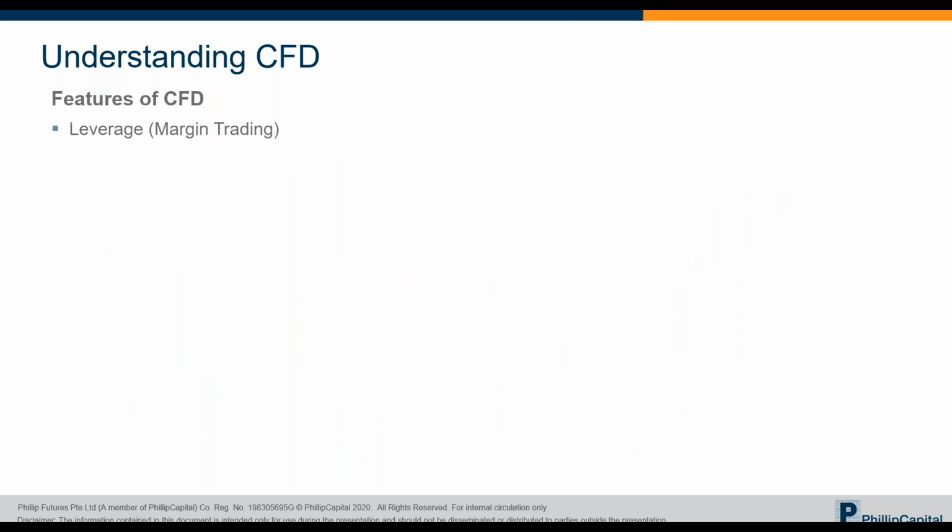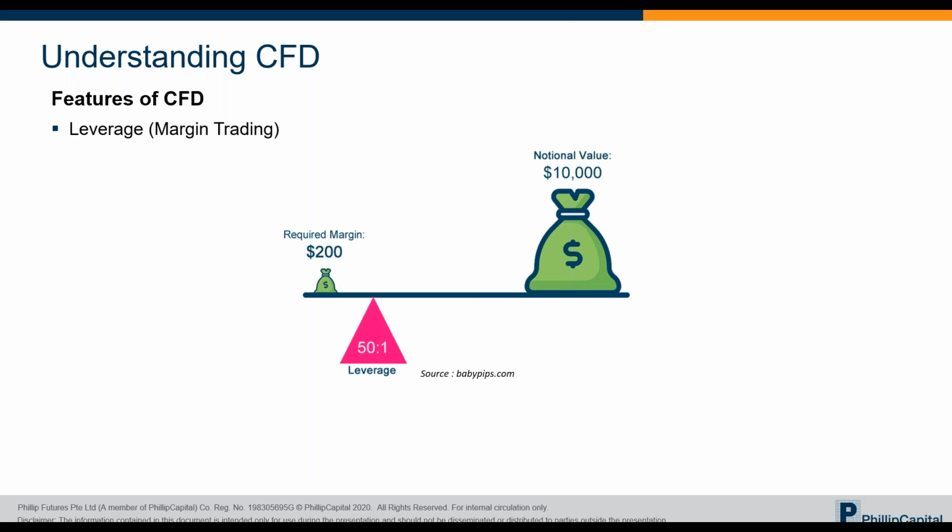Okay, so now let's look into an example of leverage trading and how it affects your P&L in an actual trade. For CFD, it's a leverage product and it's traded on margin. I think this picture here explains the concept of leverage very well. When you are trading on margin, it means that you are essentially using a small amount of money to control a large contract.